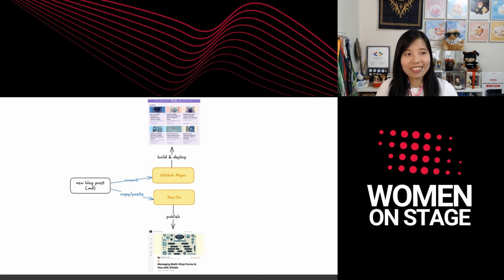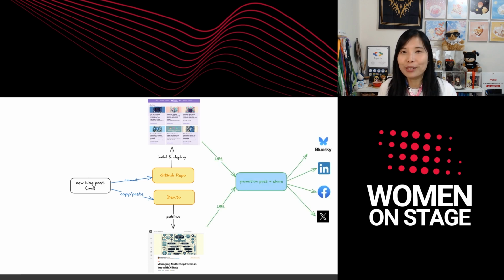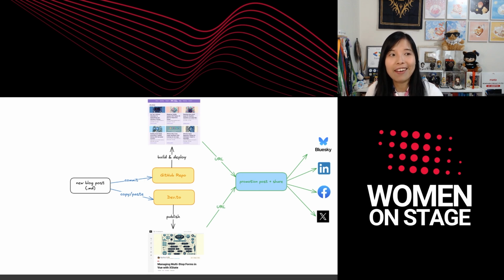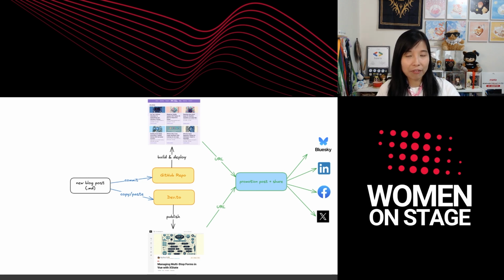And that's not it. After I publish it, whether I like it or not, I still need to make some noise around it, which means I need to manually go to each and every social platform application I have on hand, compose a new promotion post with a URL from one of these blog platforms like Medium, my website, or Dev.to, and think about what to write to match the tone and the audience on each platform, like Bluesky, LinkedIn, Facebook, and Twitter, and share them.